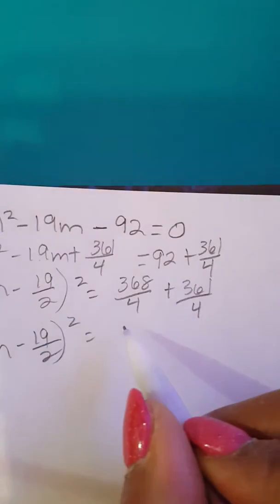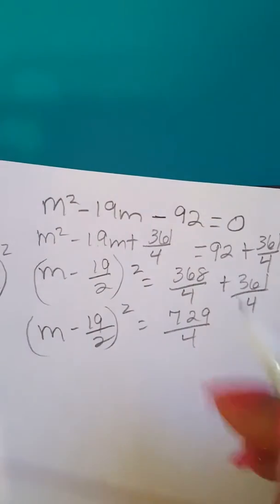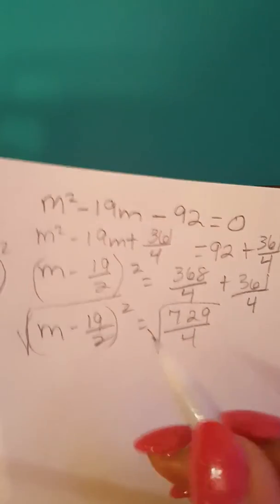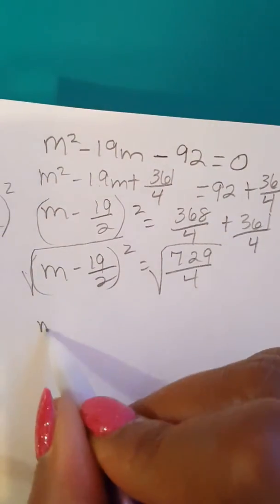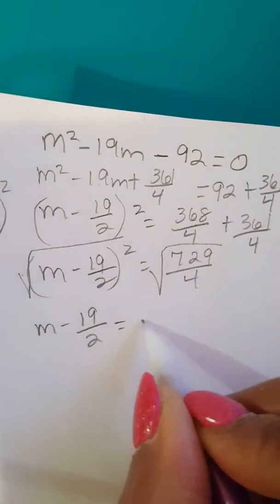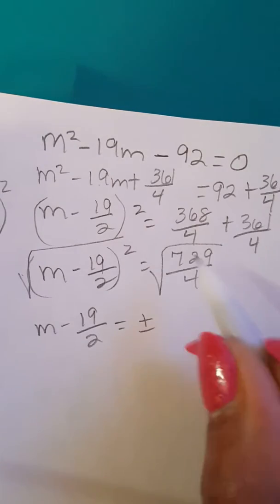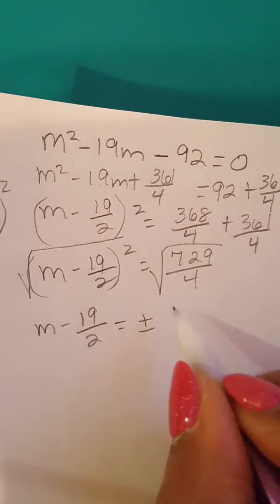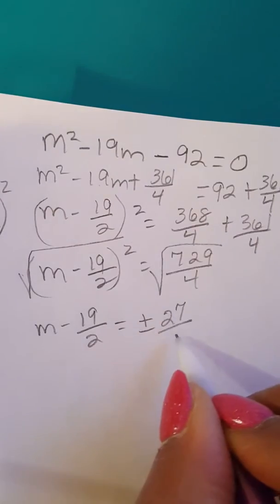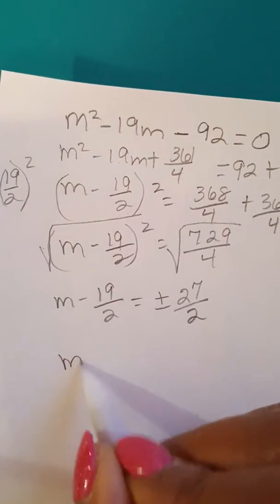That becomes 729 fourths, and then we solve by taking the square root, so that m minus 19 halves equals plus or minus, and when we take the square root of a fraction, we take the square root of the top. In this case, it's a perfect square, which is 27, and then take the square root of the bottom, which is 2, and then we solve for m.